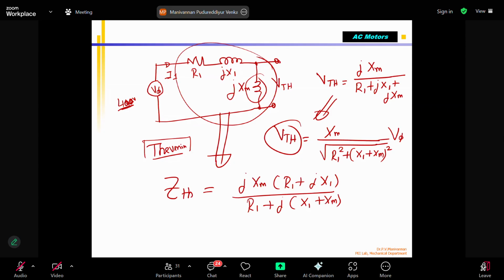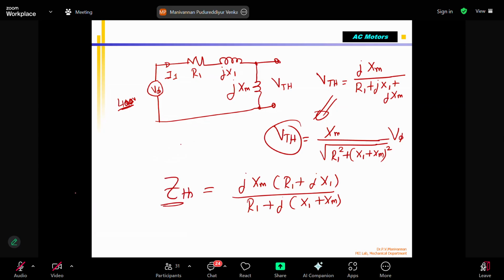So now that you have found this, how will you find the Thevenin in this circuit? Just carefully watch. This will be short circuited.